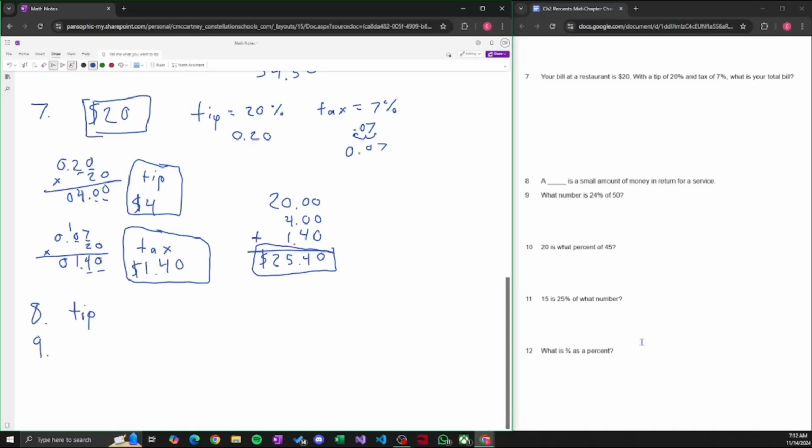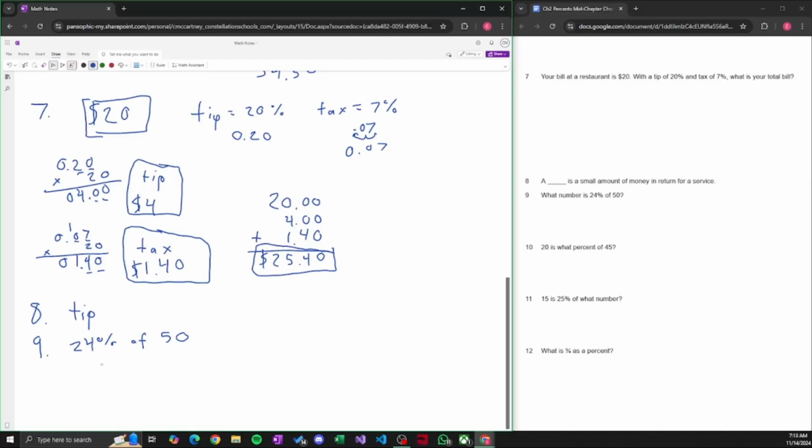Number 9. What number is 24% of 50? 24% of 50. Now when we're talking about percents of something, when we're using this kind of language, usually whatever follows of is the whole number, and the percent is going to be the percent of that number.